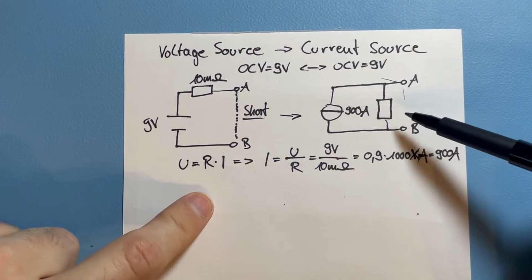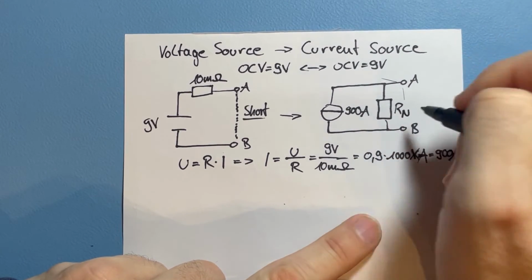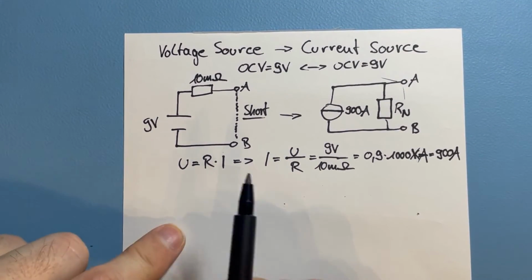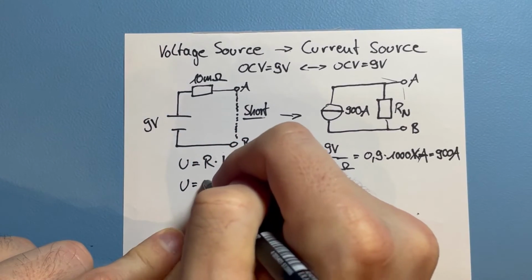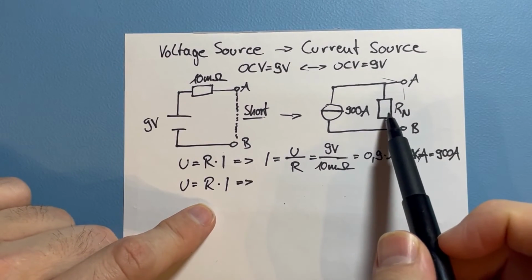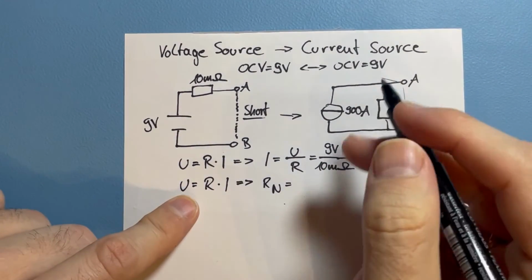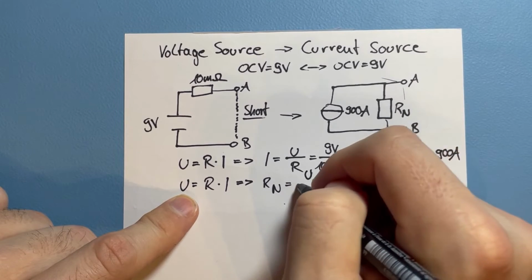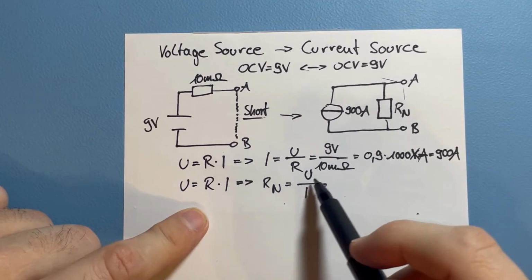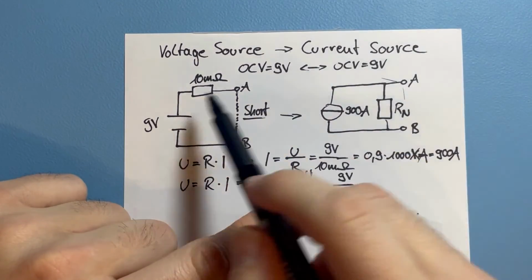We can do so with our standard Ohm's law. Let's call this Rn, and we can calculate that again, U equals R times I, and therefore Rn in our case equals U divided by I. Our U that we want to drop over the resistor is 9 volt, so that the behavior is the same.